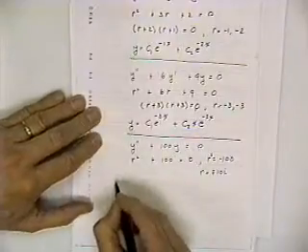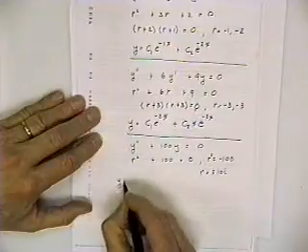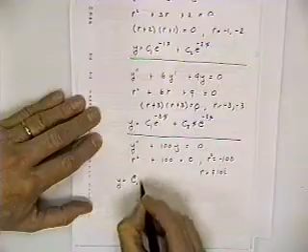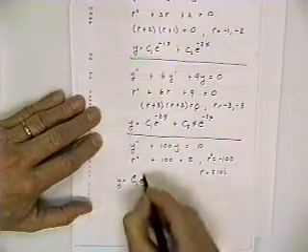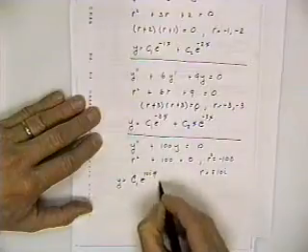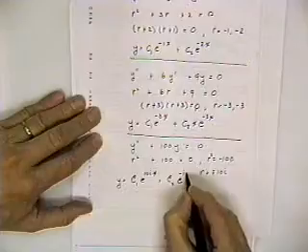Now, yes, that does give you a solution of the form y is equal to a constant, and I'm going to make him a script c1 e to the 10ix plus a script c2 e to the minus 10ix.